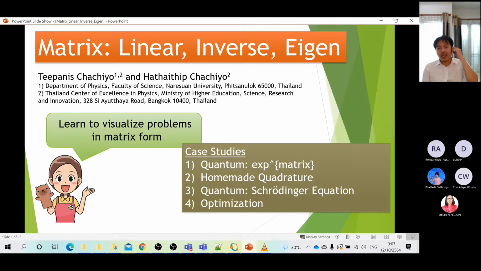In a typical mathematical methods for physics course, we would spend a lot of time talking about the algorithm of how to solve the linear equation of a matrix, compute an inverse of a matrix, and so on.